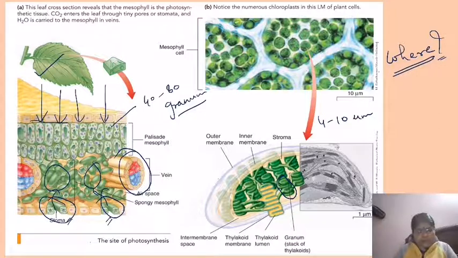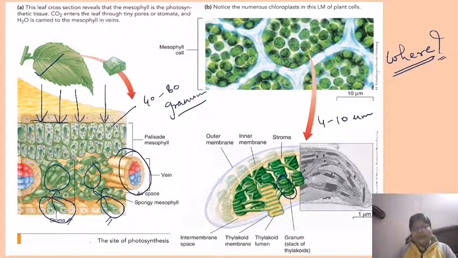Okay, so these are there, and you know that it is a double membranous structure. There is an outer membrane, and this is an inner membrane which you can see, and inside the inner membrane it is filled with stroma, and inside this lie all the thylakoids stacked over one another, and they are connected by your stromal lamellae.